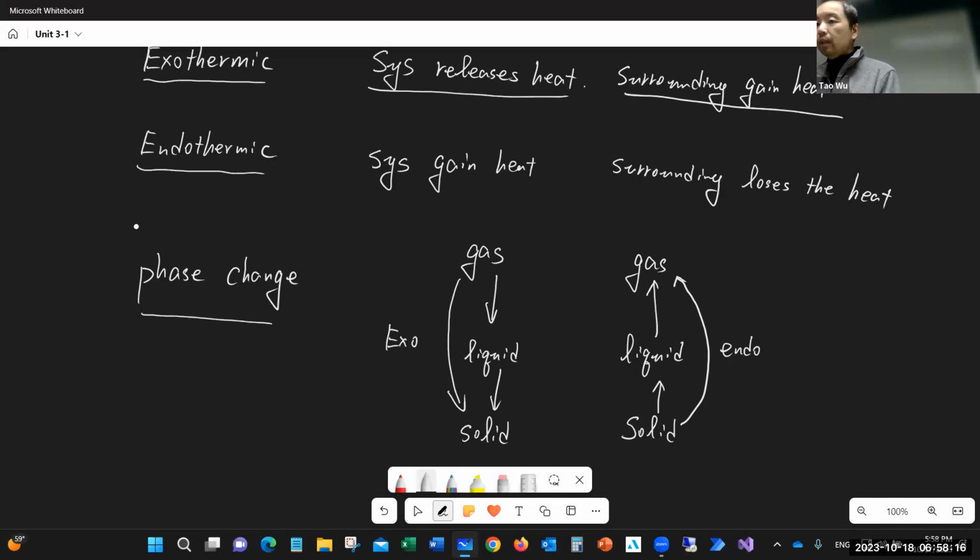If you go from gas to the liquid, this is what we call condensation. This is exo. From gas to the solid, this is called deposition.